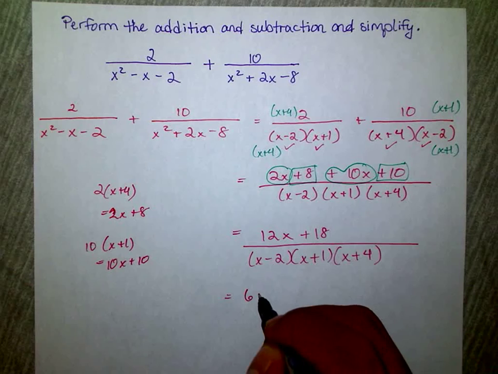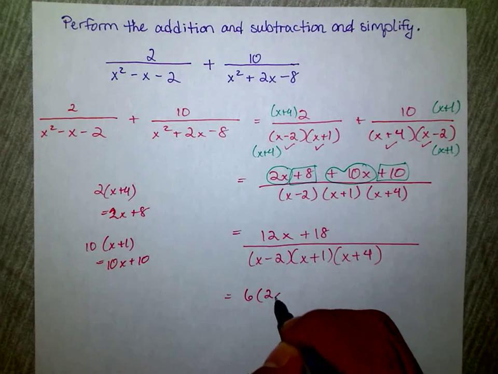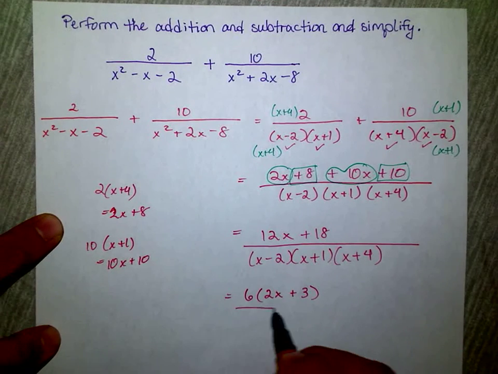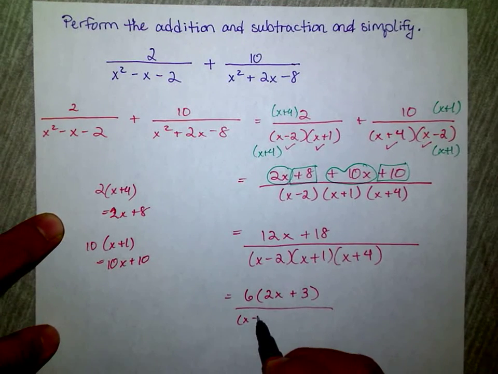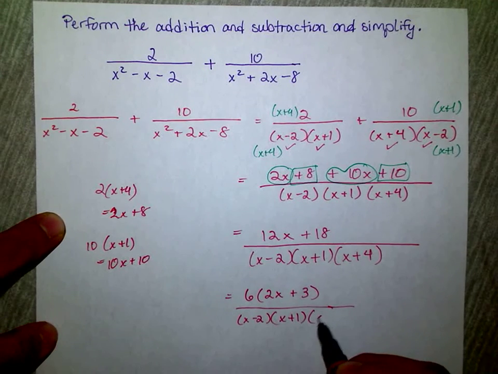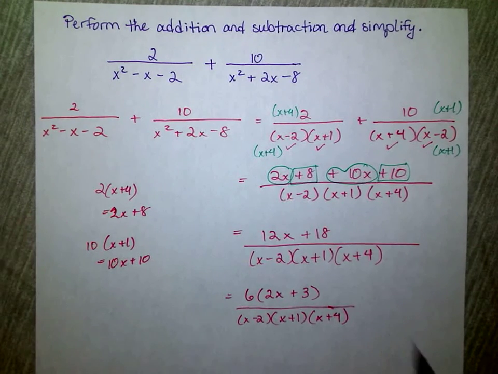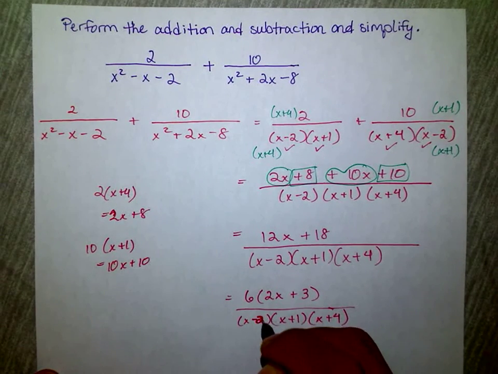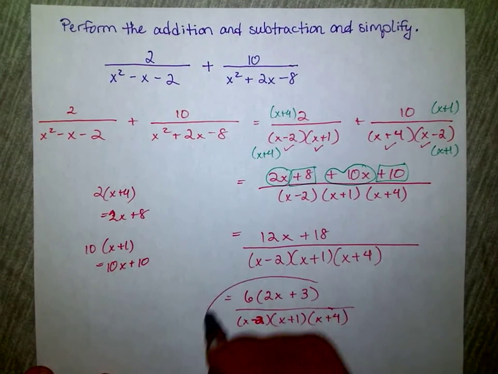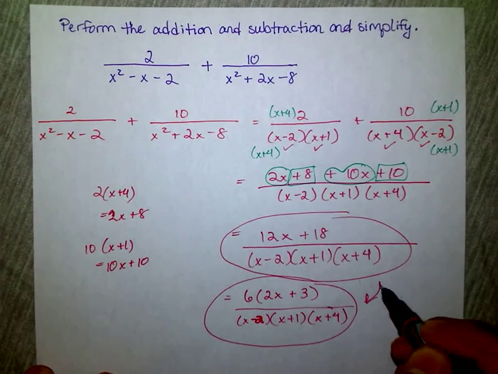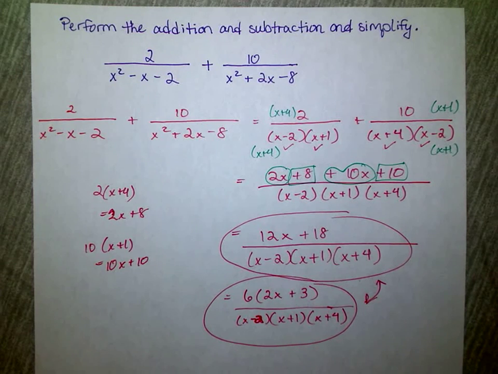Yep. That's going to leave me with 2x plus 3 over x minus 2, x plus 1, and x plus 4. Alright, well, since we don't have any other common factors here, either one of these could be our answer. Doesn't matter. Either one of those.